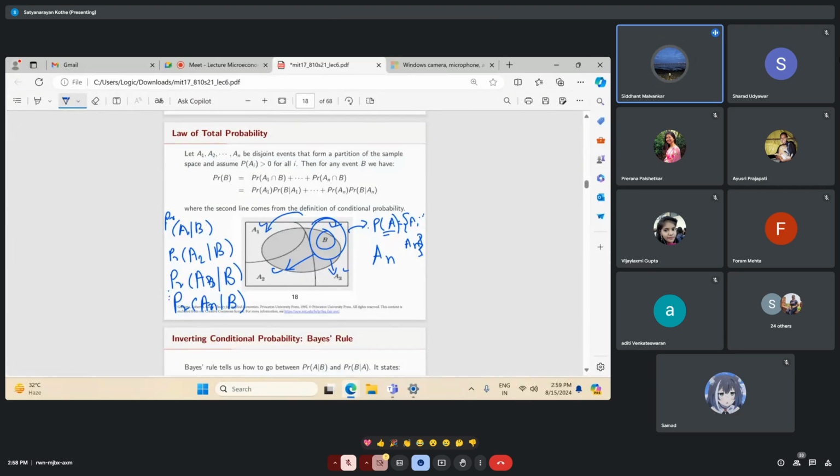already taken place. And so we know that to know B's probability, the probability of B is equal to the probability of the intersection of A1 and B, plus the probability of the intersection of A2 and B, and if it continues, then the probability of the intersection of AN and B. Now we know that P(B) is the ratio, correct?